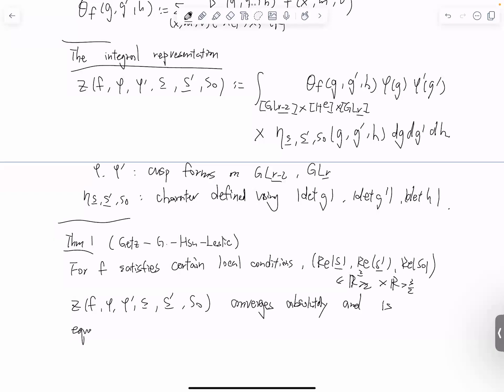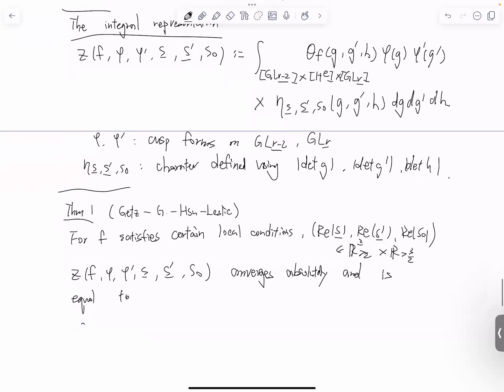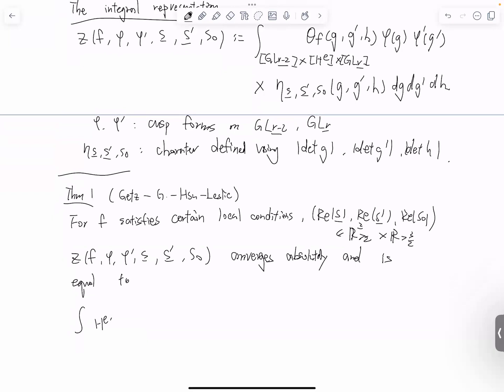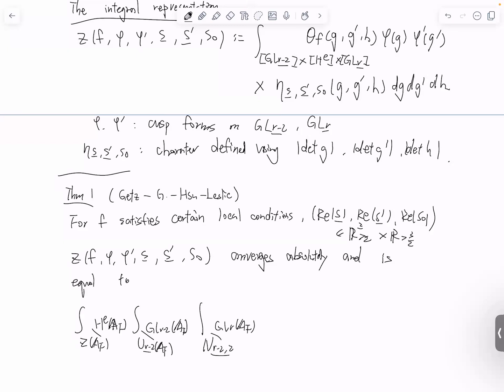and is equal to the integral over the adelic points of HE multiplied by the center of HE, and the second integral over GR minus 2 A multiplied by the maximal unipotent subgroup of GR minus 2, again also over adelic points, and GR AF multiplied by some unipotent subgroup of adelic points.